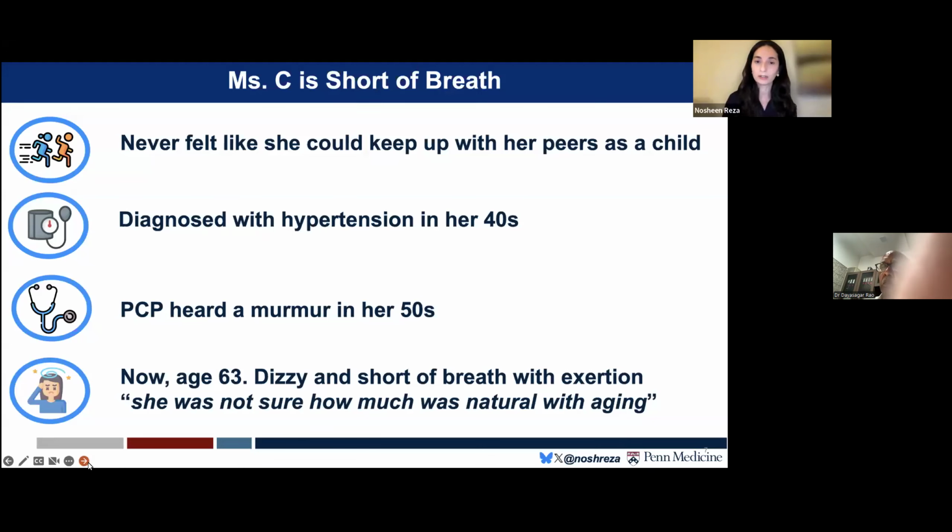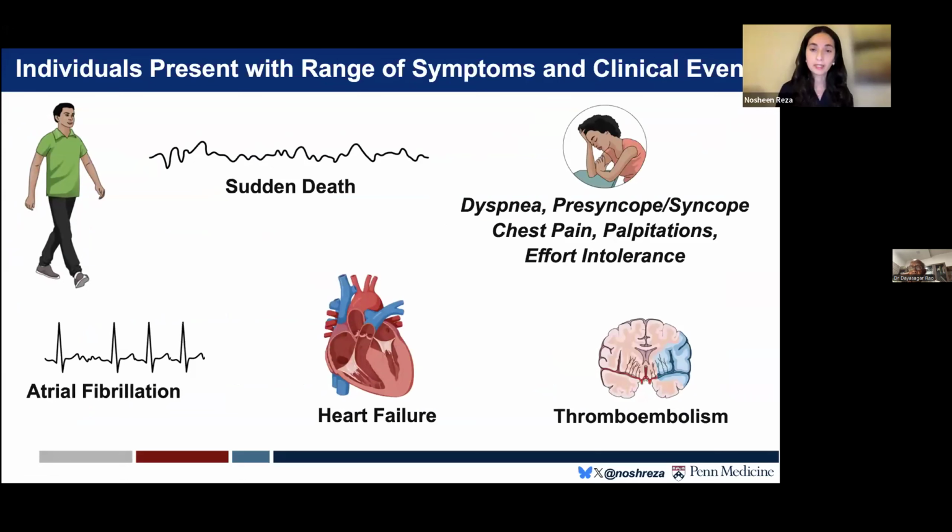So this is to highlight that individuals with hypertrophic cardiomyopathy present with a range of symptoms and clinical events. The large majority of patients with HCM live normal lifespans free of major adverse cardiac events. However, the more that we are able to phenotype and learn about HCM, we're understanding the range of complications and cardiac symptoms that patients can present with.